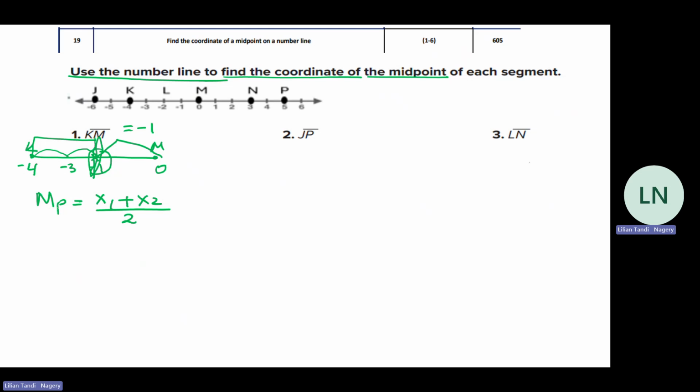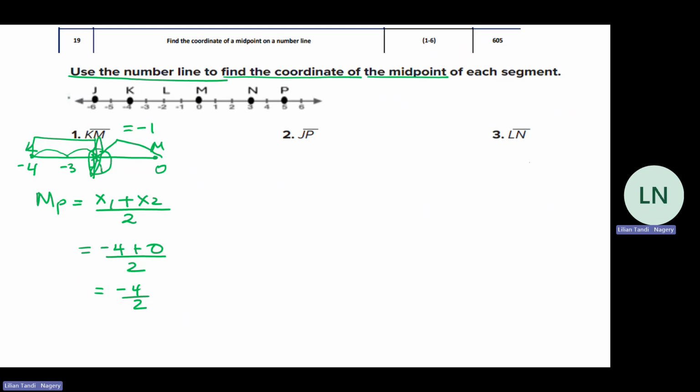The midpoint can be negative because it is a point; it can be positive, a fraction, or a decimal. -4 plus 0, divided by 2, gives -4 divided by 2.